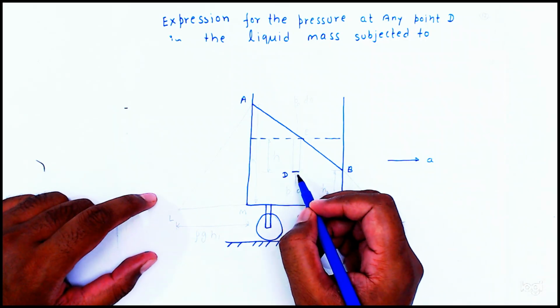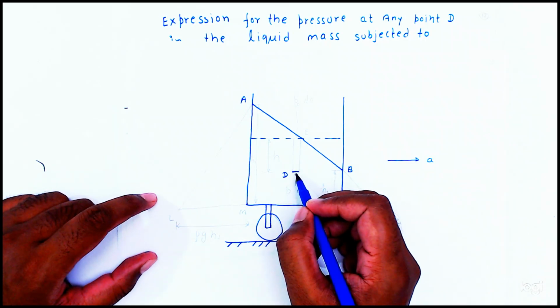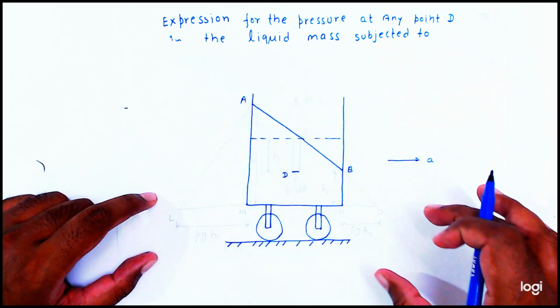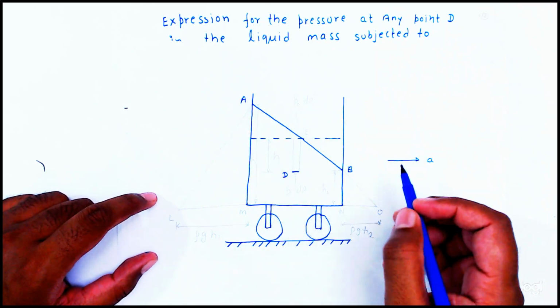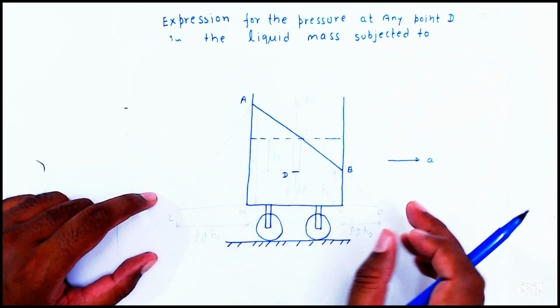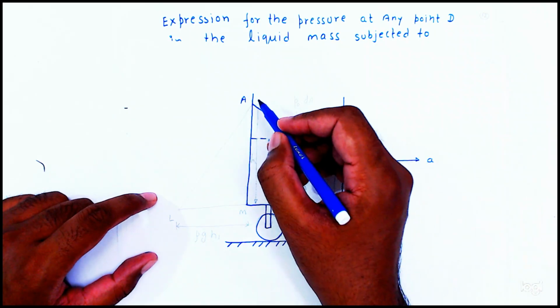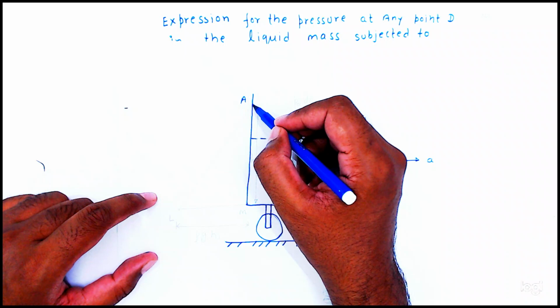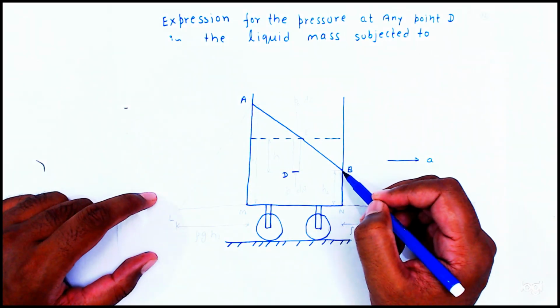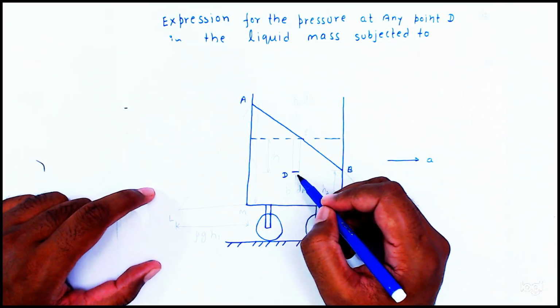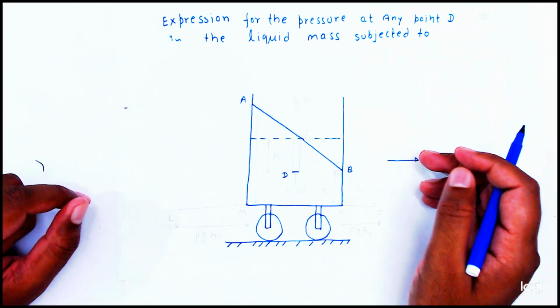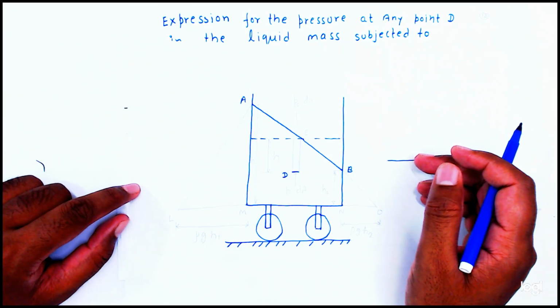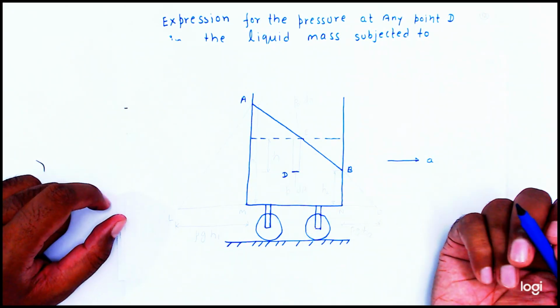What is the pressure at this point? In this situation, the container is moving with acceleration a, and the liquid is at a new position, new surface AB. So in this condition, at point D, what is the pressure?